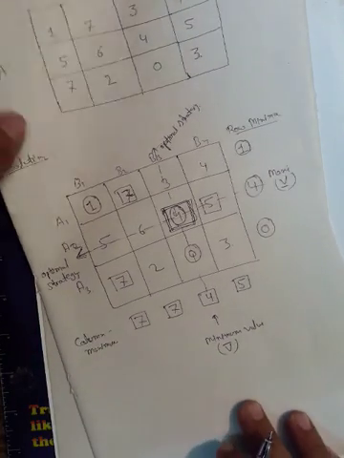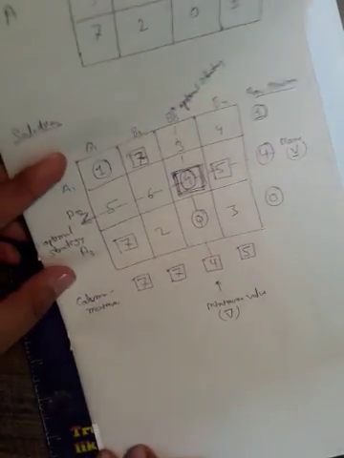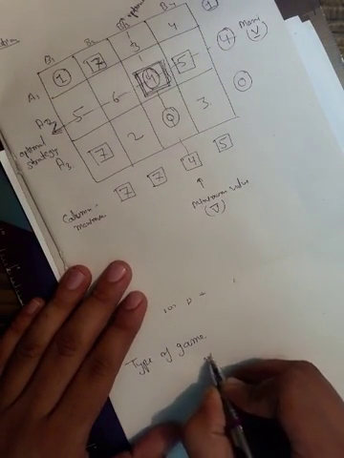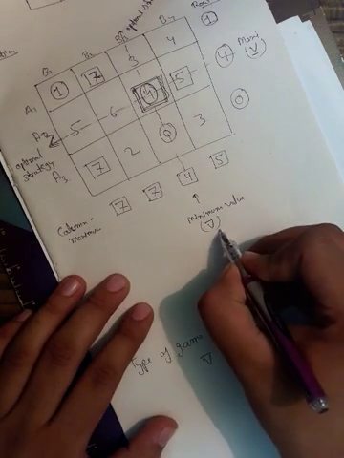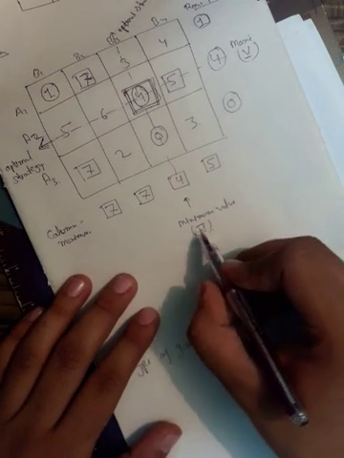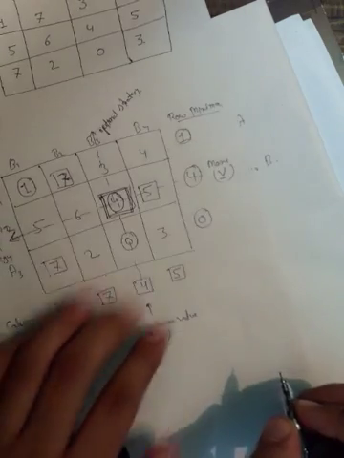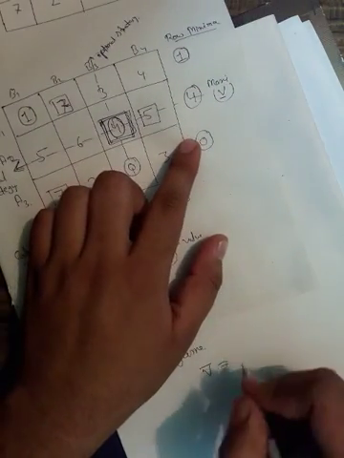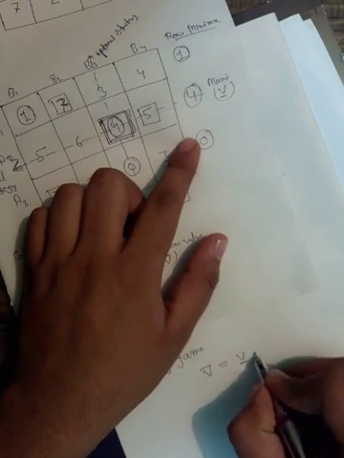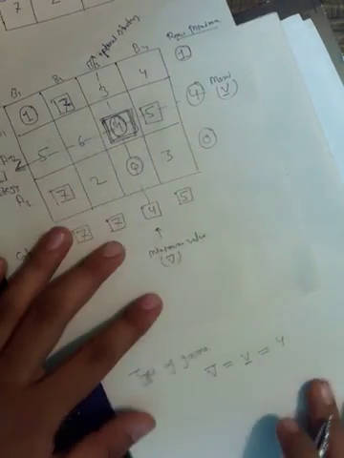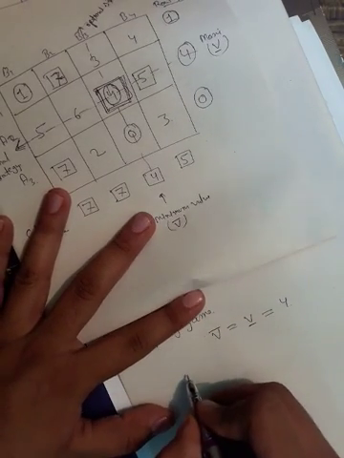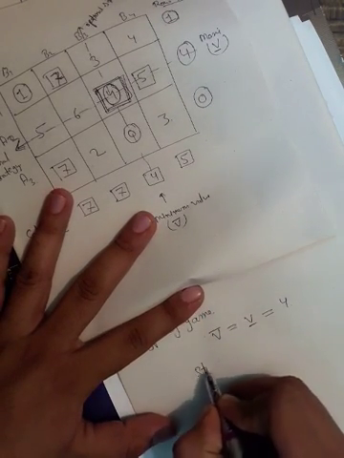Here the maximum value on the row side is your 4. So since it is not 0, the type of the game will be strictly deterministic.